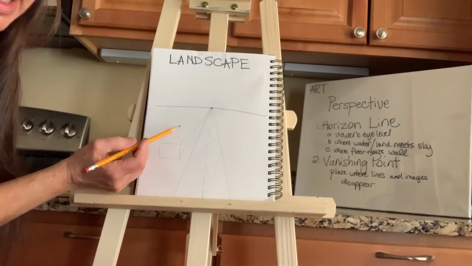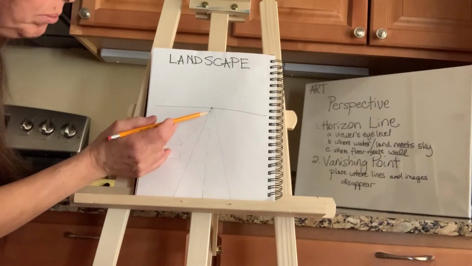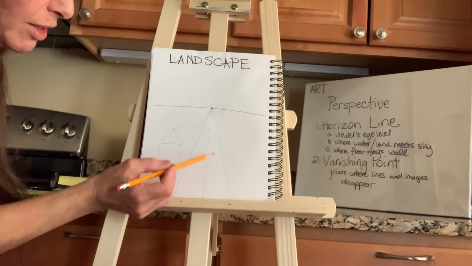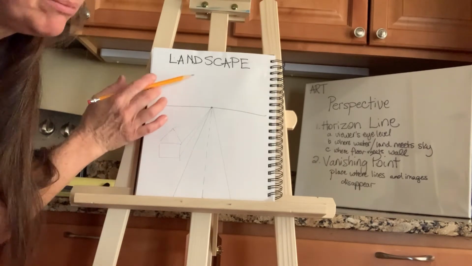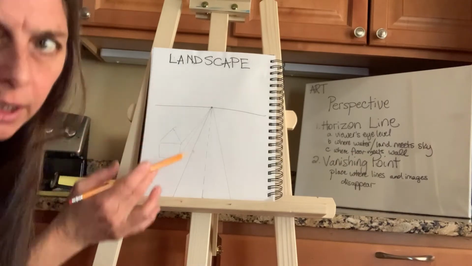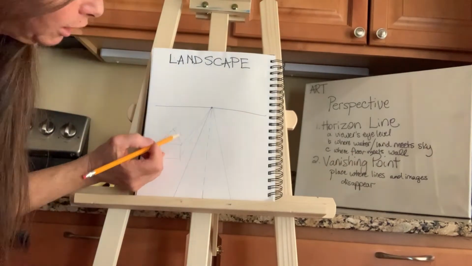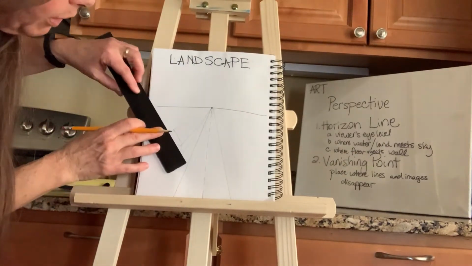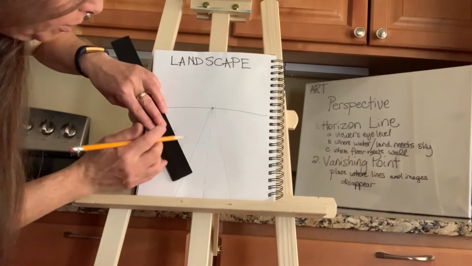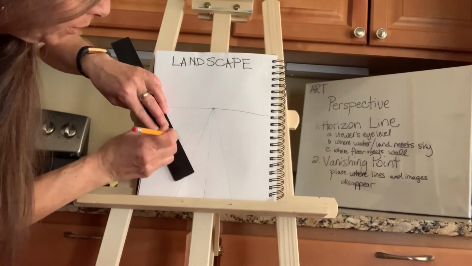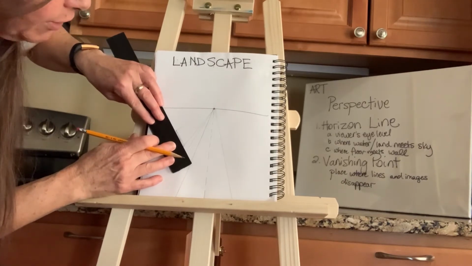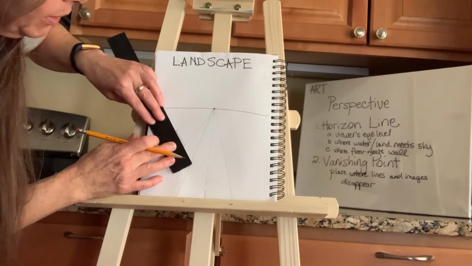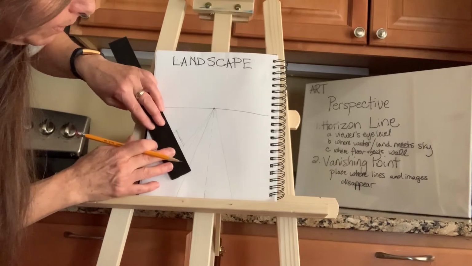Now, all those lines meet at the vanishing point, just like the lines of the highway do. But our house is not going to be miles and miles long. Our house is just going to be a little house. So with our ruler, or our straight edge, we are going to just firm up those edges of the roof line. And these are going to have basically the same parallel as the roof.